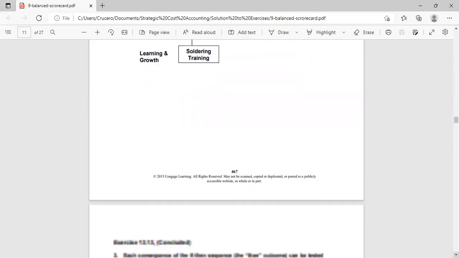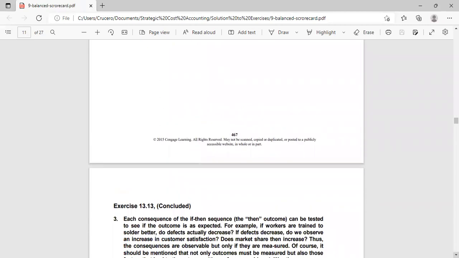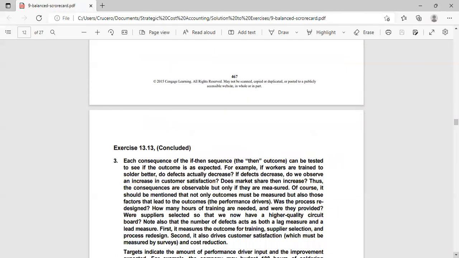So for requirements number 2 and number 3, each consequence of the if-then sequence, the then outcome, can be tested to see if the outcome is as expected. For example, if workers are trained to solder better, do defects actually decrease?